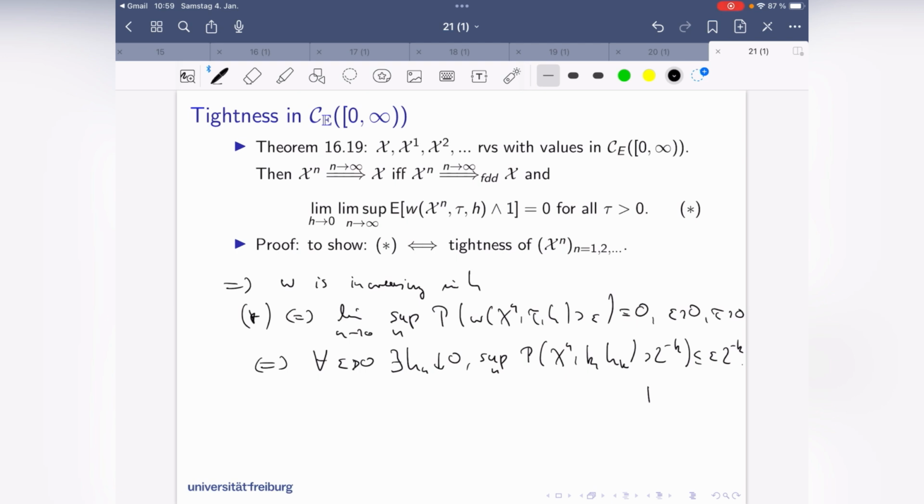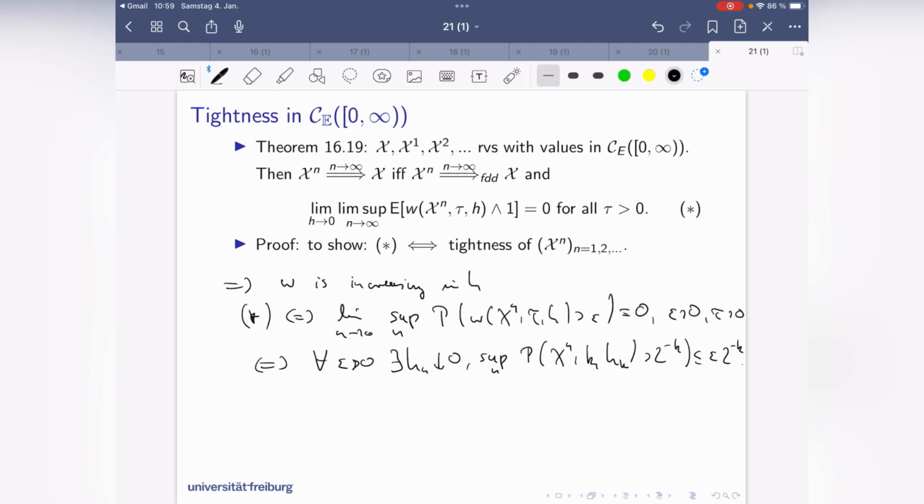So that's the same, because that equation here holds for all epsilon, so I can choose the epsilon from here as 2 to the minus k. And here, instead of equals 0, I can also write is less than something arbitrary, and I write less than epsilon times 2 to the minus k.